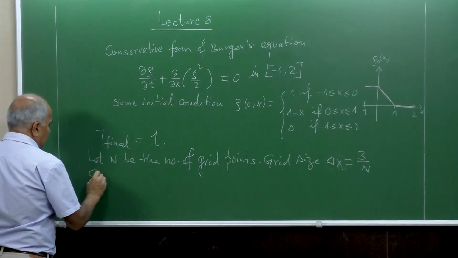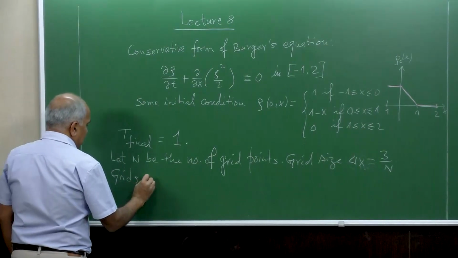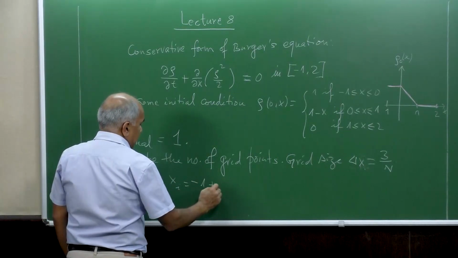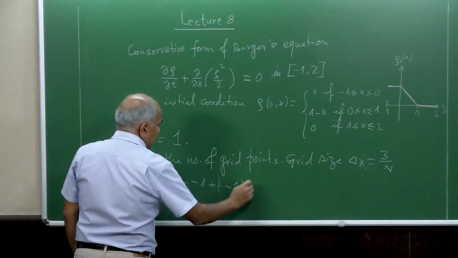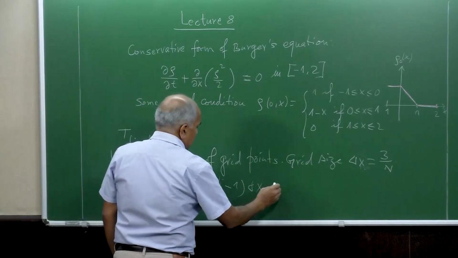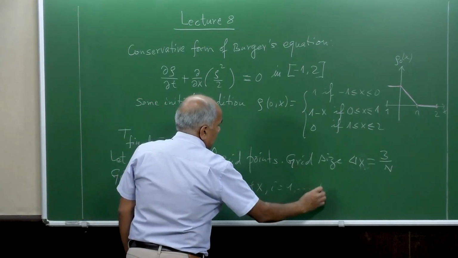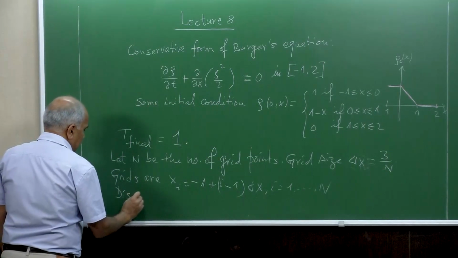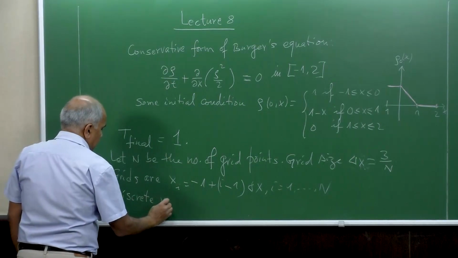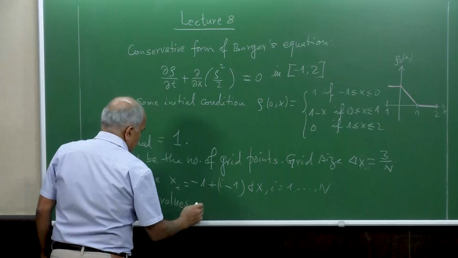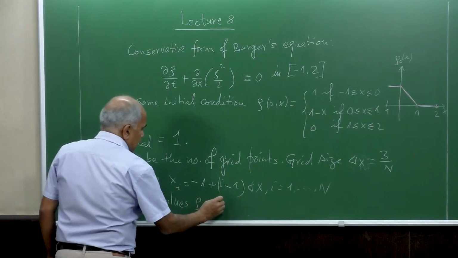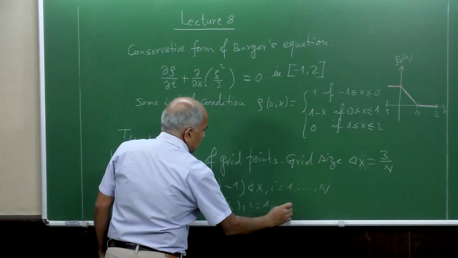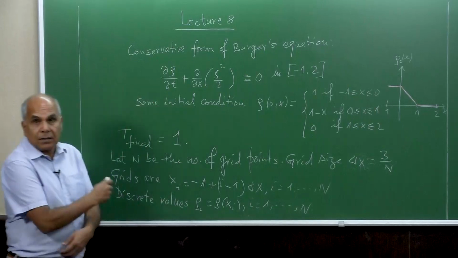Now, the grids are x i equals minus 1 plus i minus 1 times delta x. So i runs from 1 to n, and the discrete value rho i is rho of x i, with i again from 1 to n. So these are our discrete form.